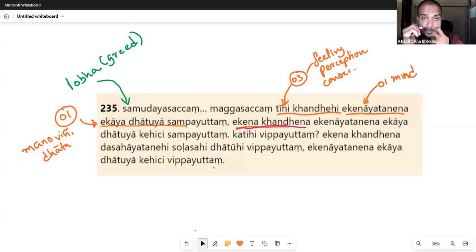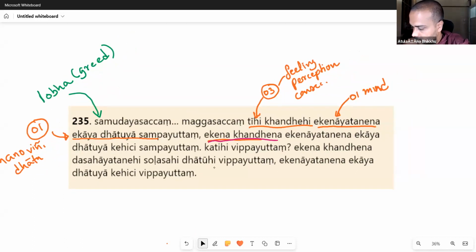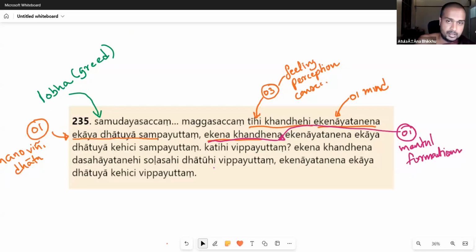Now that we know it is the sankhara khandha, I will write it here. That is the mental formations, right? So in mental formations it's associated.